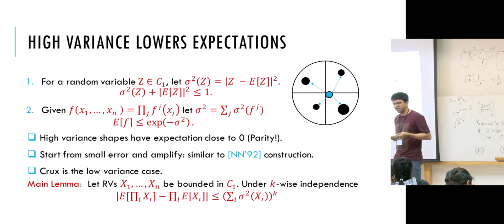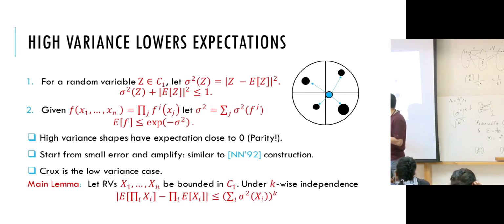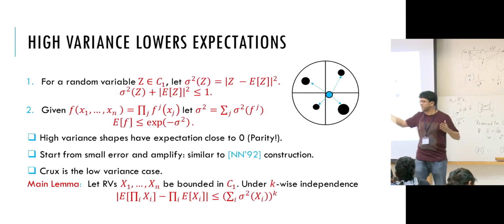Very directly now, the total variance comes into the picture. If you just say, I have a Fourier shape, what is its expectation? Under the uniform distribution, the expectation is the product of individual expectations, and each expectation is bounded by something like the square root of 1 minus sigma squared.